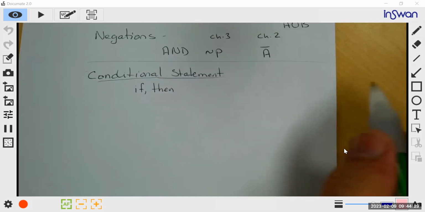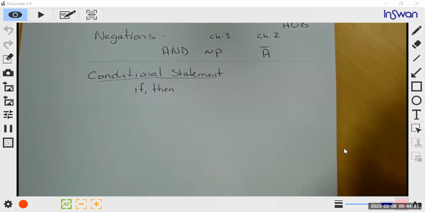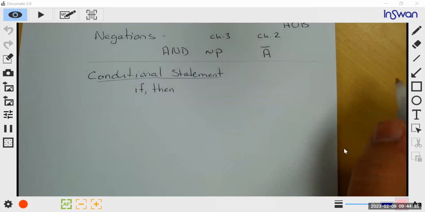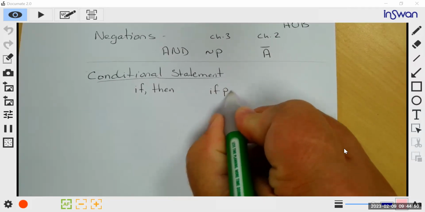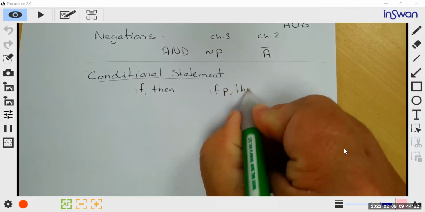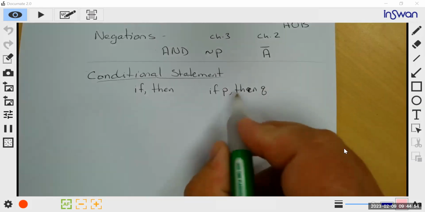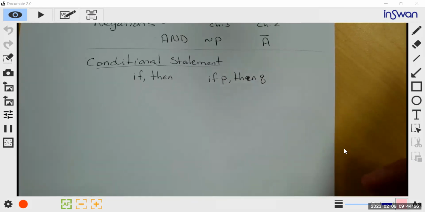There has to be a condition. If you do this, then you can do that. What symbol do we use in chapter 3 to represent a conditional statement? If P, then Q. What's the symbolic representation for that?